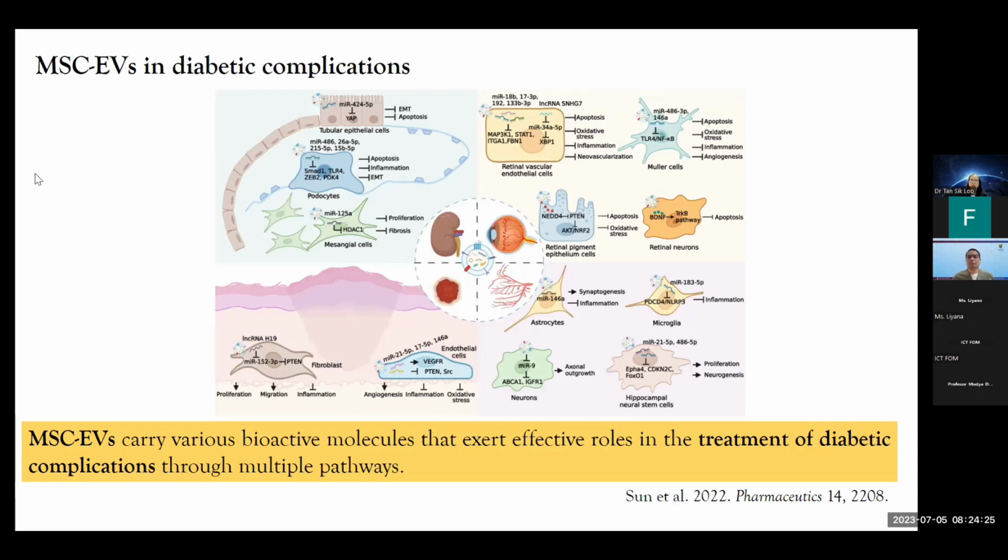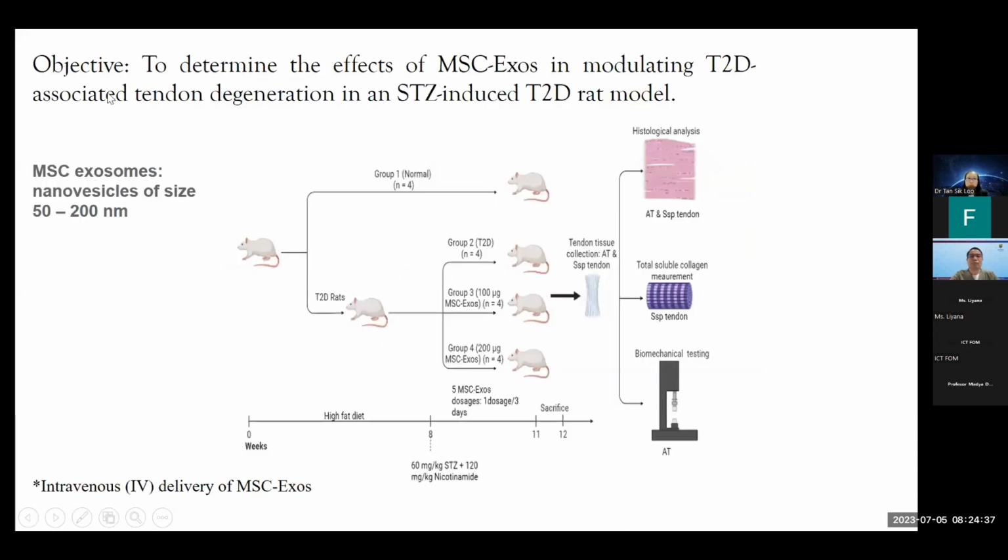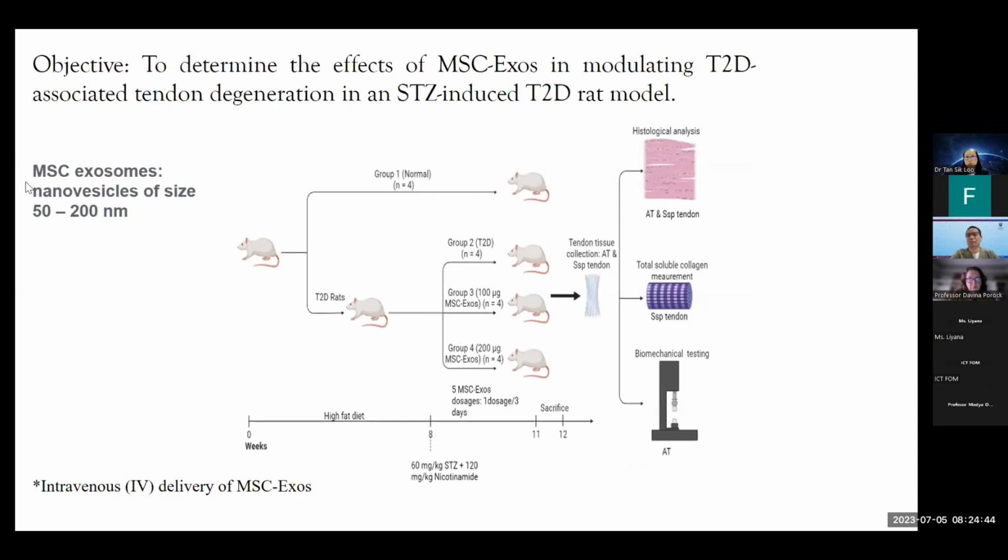Various reports have been published on the treatment of diabetic complications using MSC EVs. So with that, we would like to investigate the effects of MSC exosomes in modulating type 2 diabetes associated tendon degeneration in an STZ-induced type 2 diabetes rat model.